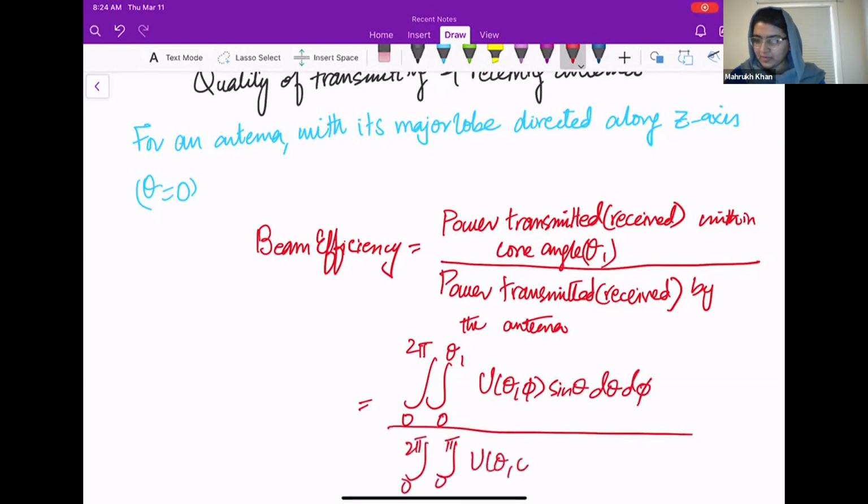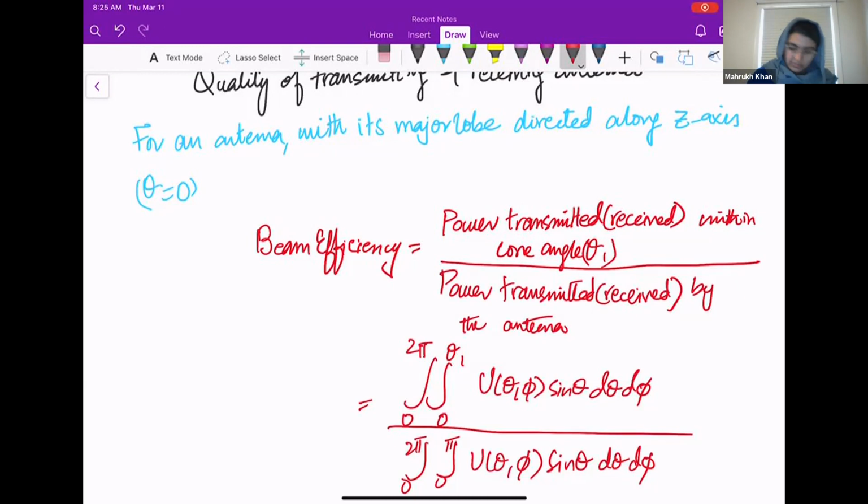So basically what you are saying, power transmitted or received by a certain angle, like not a certain angle, the collection of certain angles, is the beam efficiency. So this theta 1 could be anything. It could be the angle of half power beam width. It could be the angle of first null beam width. Depending upon that, your beam efficiency varies.